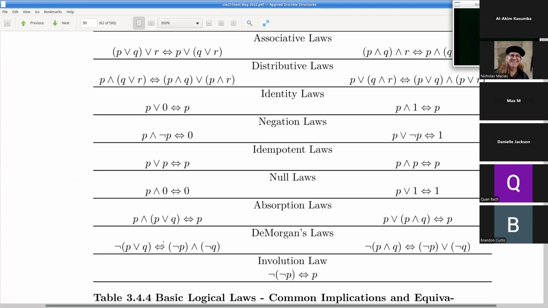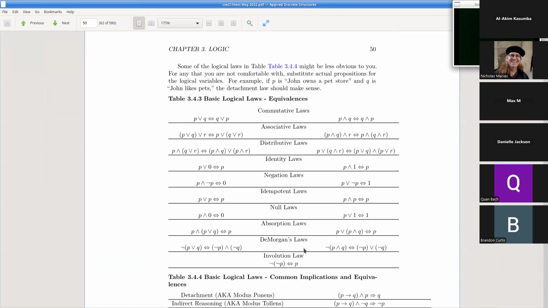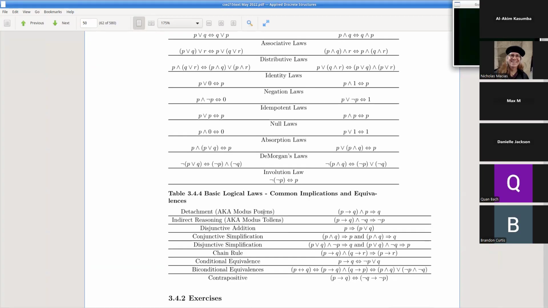So we have De Morgan's laws. The negation of the disjunction is the same as the conjunction of the negations, and vice versa. Double negation they call the involution law. So if you're going to print out one page from your textbook, I would print out page 50.